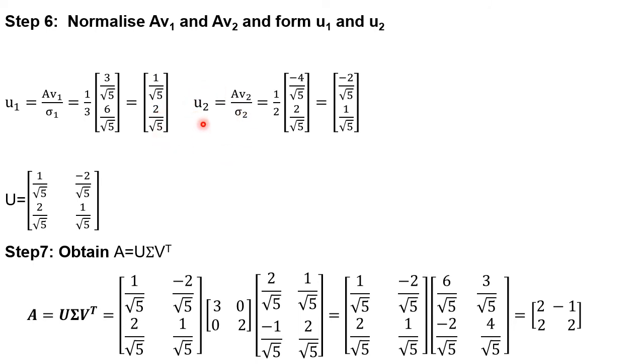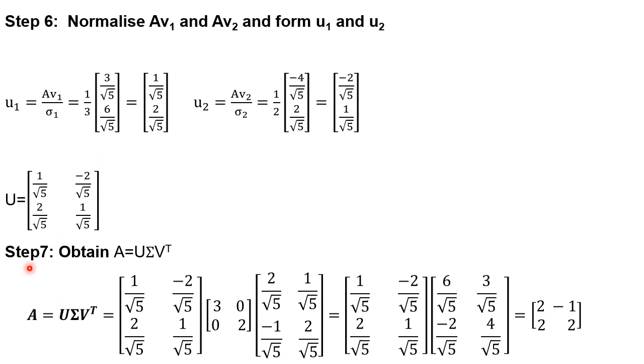Similarly, U2 is equal to AV2 by sigma 2, 1 by 2 multiplied by AV2, we get [-2 by root 5, 1 divided by root 5]. Once we know U1 and U2, we can form the left singular vector matrix, that is [1 by root 5, -2 by root 5; 2 by root 5, 1 by root 5], where the first column is U1 and the second is U2.